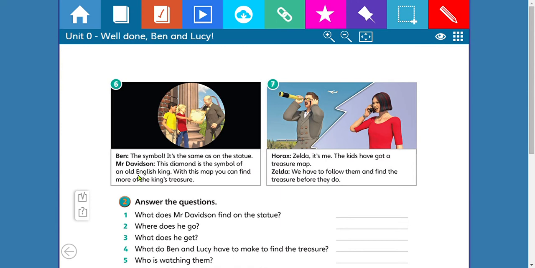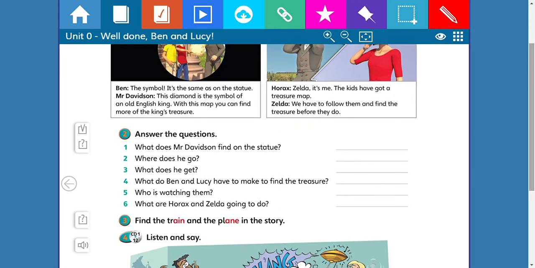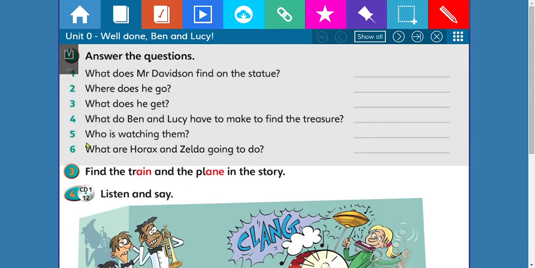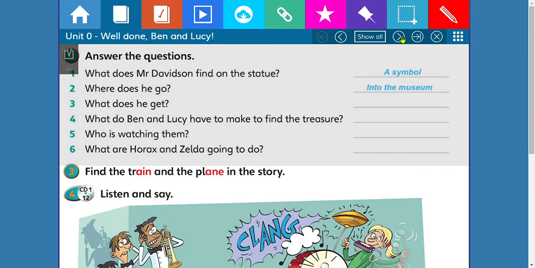Now I will help you to answer these questions. These questions about what? The story. The first question: what does Mr. Davidson find on the statue? He found what? A sample. Where does he go to? Into the museum. What does he get? A map. What do Ben and Lucy have to make to find the treasure?